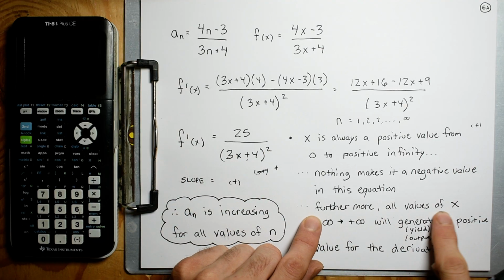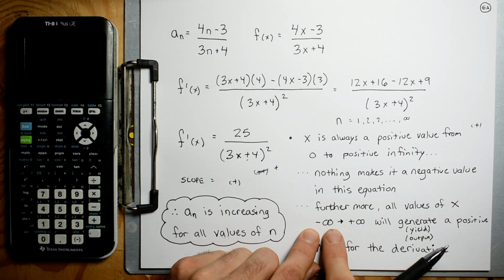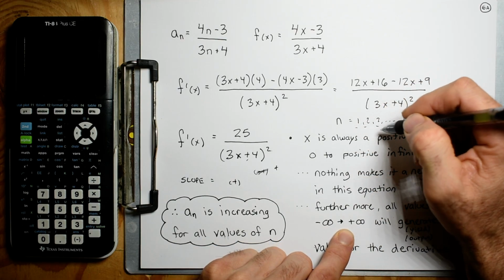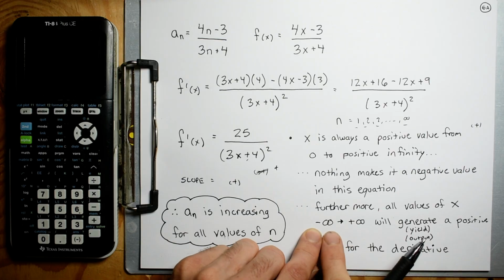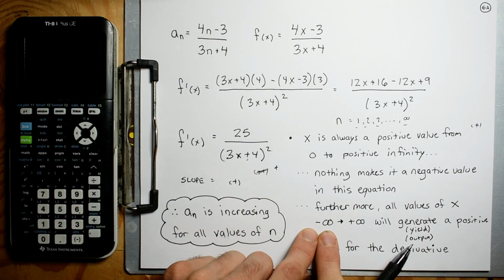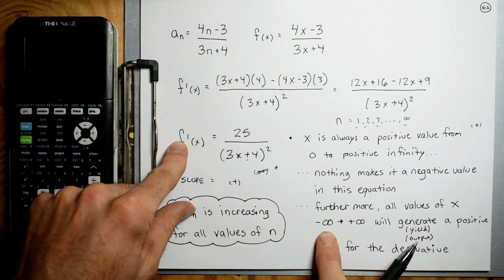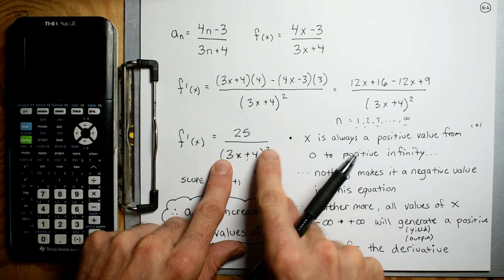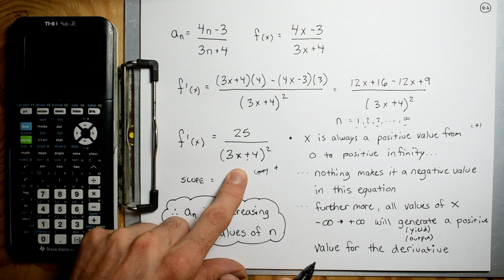So furthermore, for all values of x from negative infinity to infinity, even though the sequence just wants values 1 to infinity, it is obvious here that even if we go the other direction and put in negative infinity, we're squaring that.